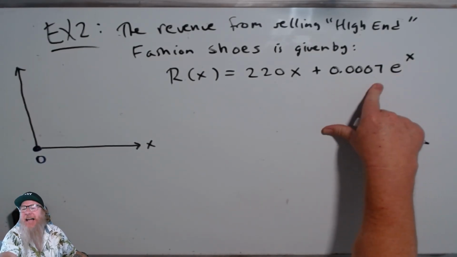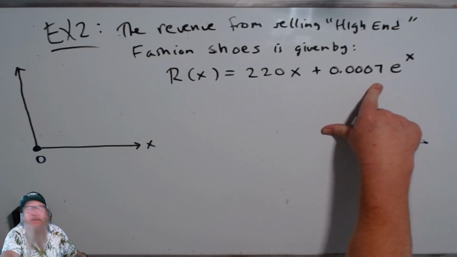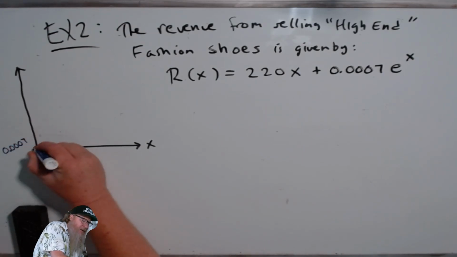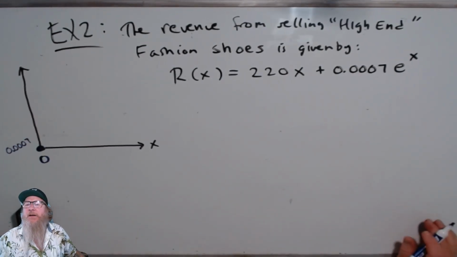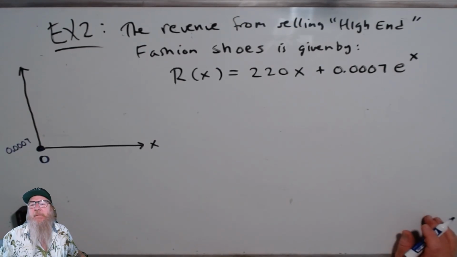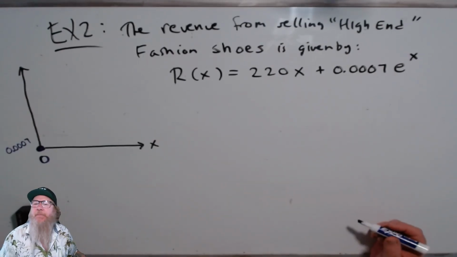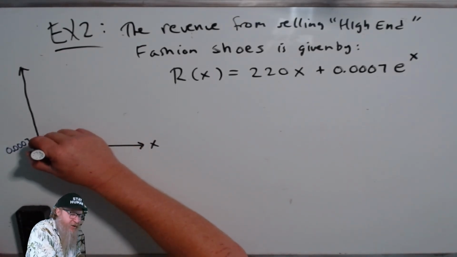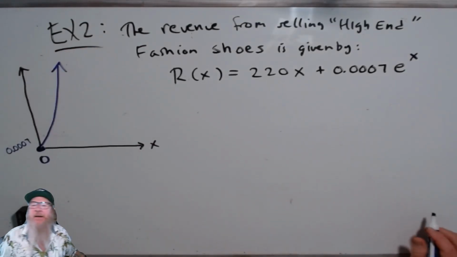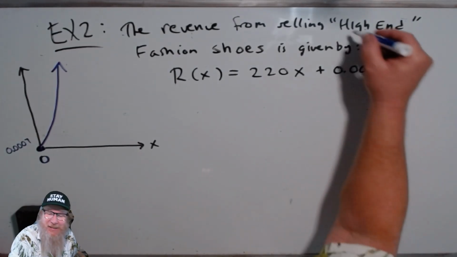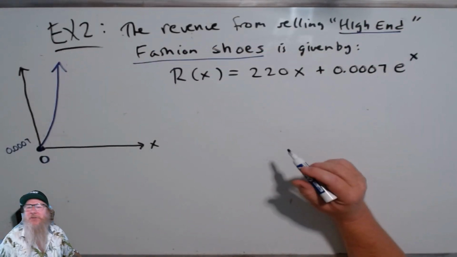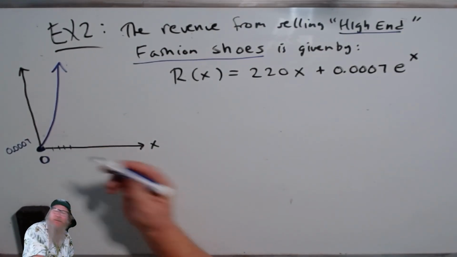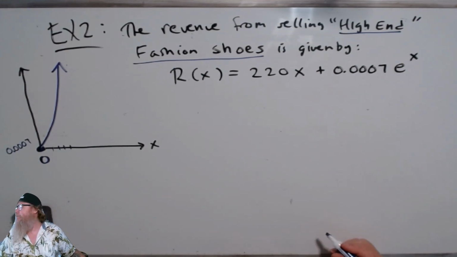But this is less than a penny. So technically it's 0.0007 if you sell no things, which is approximately 0. So I'm just going to say 0, right? And then what happens is the revenue just goes like this. Shoo, like that. Because these are high-end, very expensive shoes, and you don't have to sell very many pairs to make a lot of money.